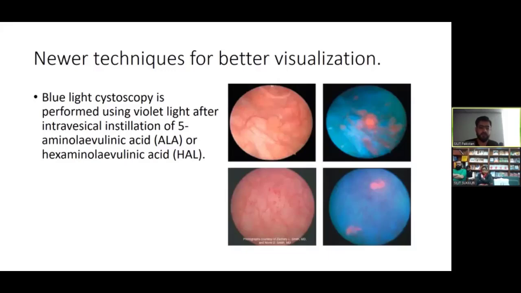These compounds accumulate greatly in bladder cancer cells, and when viewed under bright blue light, we can easily appreciate how they present, appearing as a bright red color, which helps in better removal of the disease.